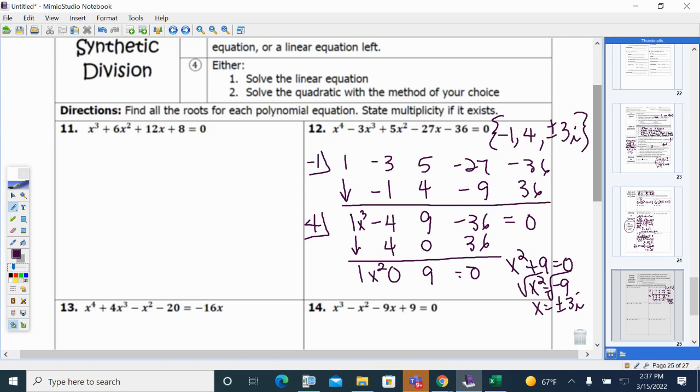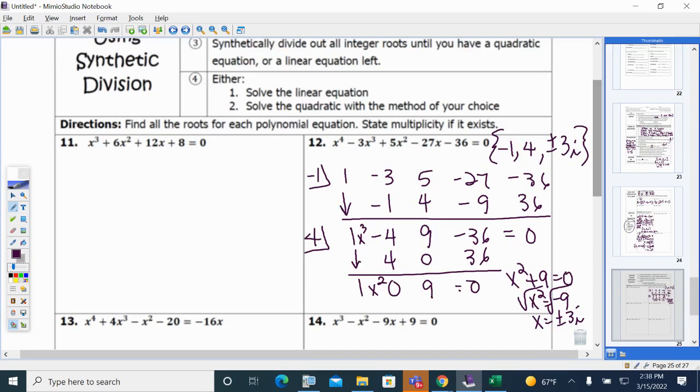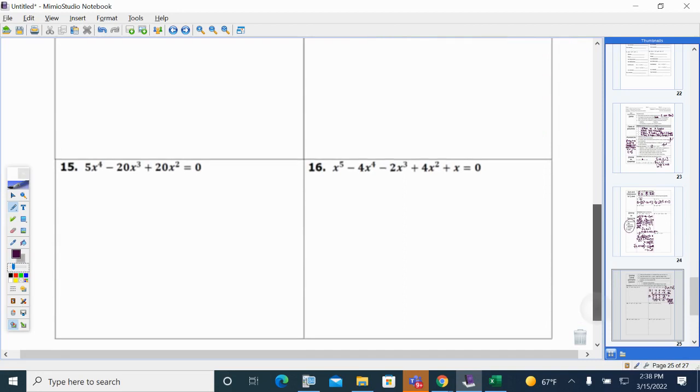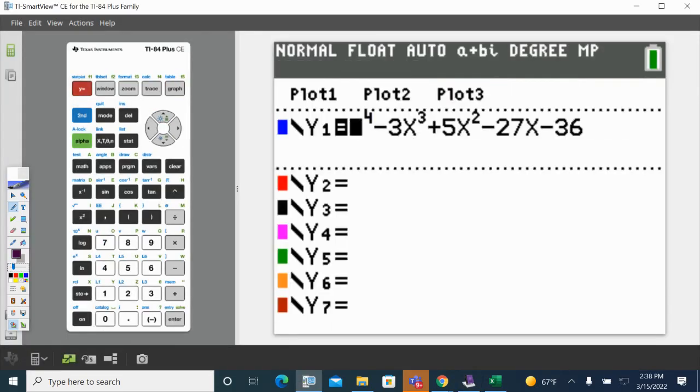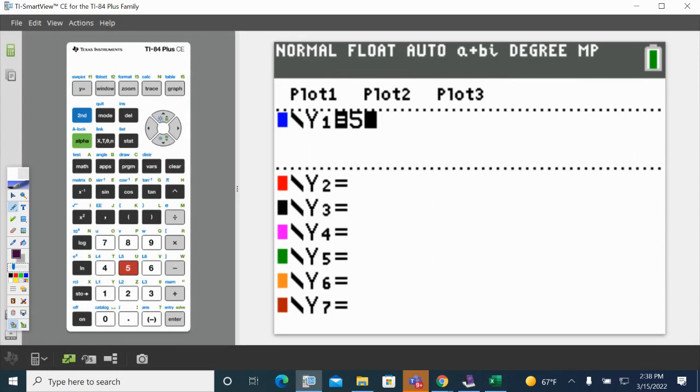All right, I'm going to do one more. I'm going to jump down to number 15. So I'm going to put the 5x to the 4th minus 20x cubed plus 20x squared into the y equal. And again, what we're doing here is we're looking for any real solutions that we can divide out using synthetic division.